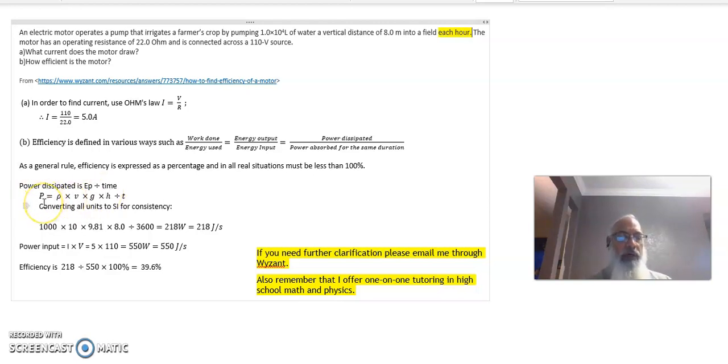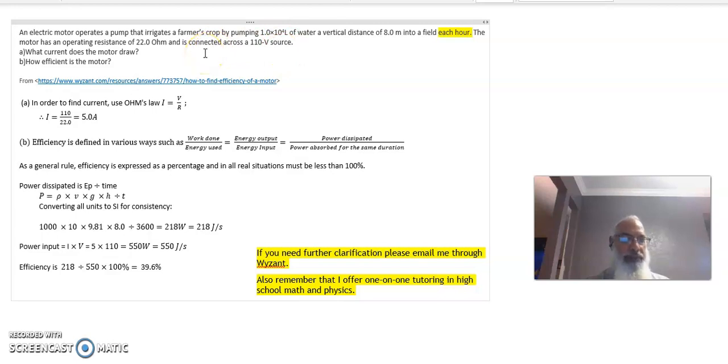Mechanical power is equal to potential energy over time. I use potential energy in this case because the water is being shot up vertically, and so it is gaining potential energy. If something was moving and we were dealing with its velocity, we would probably use kinetic energy. It just depends, because we need to find the energy, and here we have a vertical height and a volume of water.